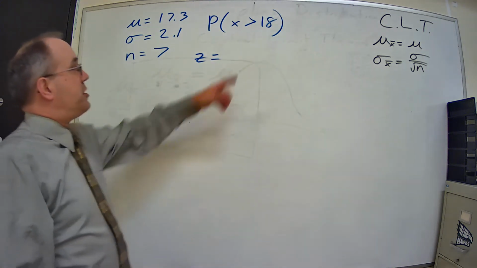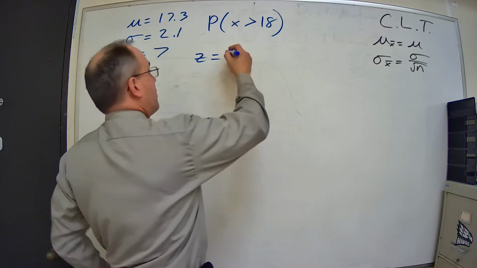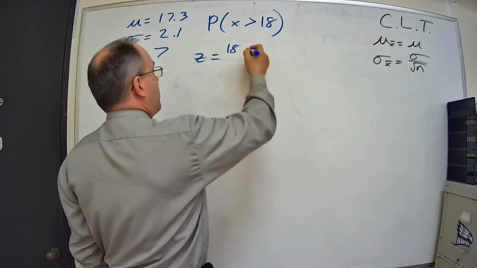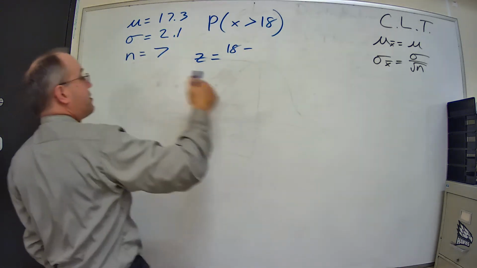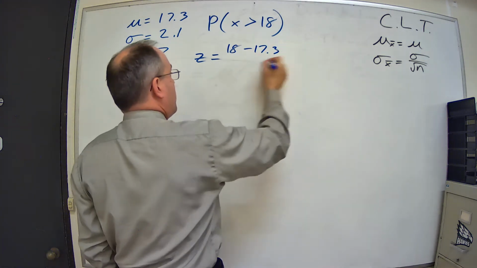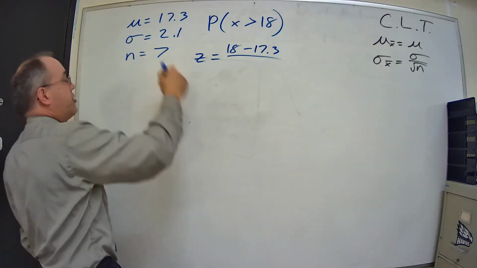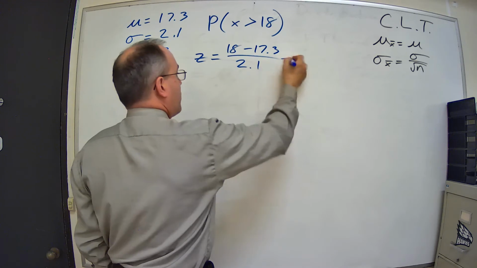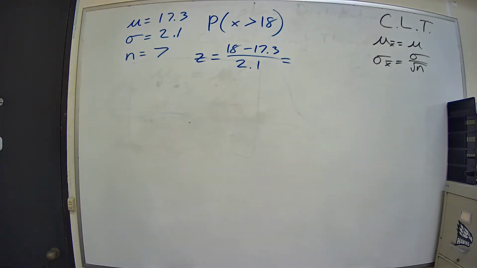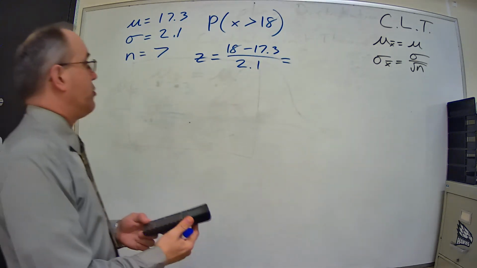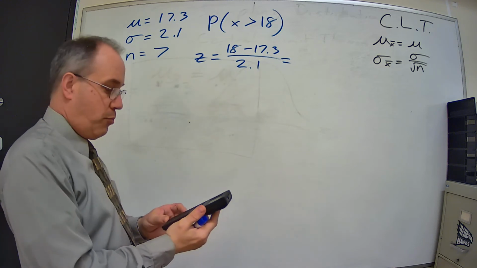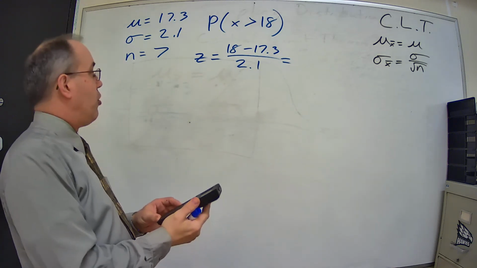The z-score is equal to x, 18, minus the mean, 17.3, divided by the standard deviation, 2.1, which gives us 0.7 divided by 2.1, so it should be 1/3.